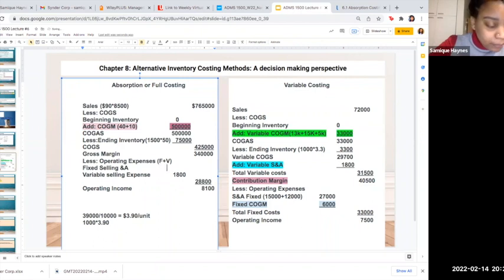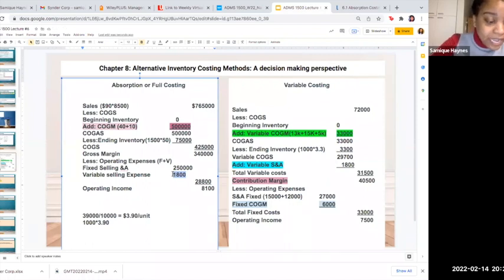Fixed selling and admin is how much? What's our operating cost? 250,000. And our variable selling and admin is $9 per shade.